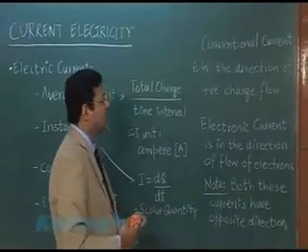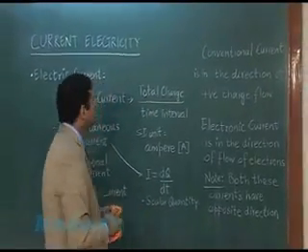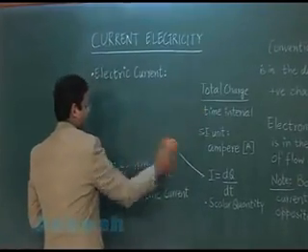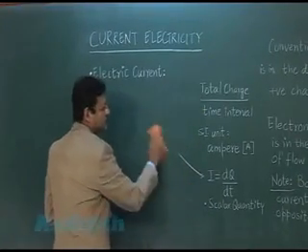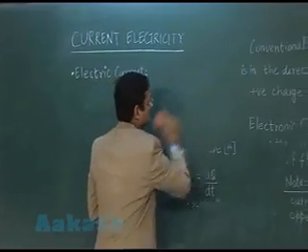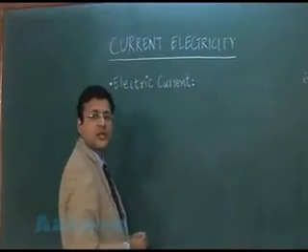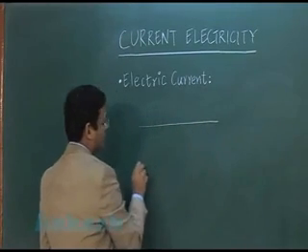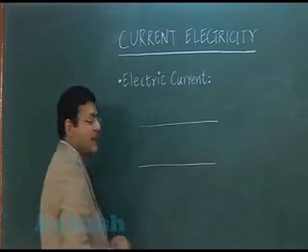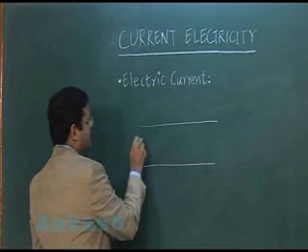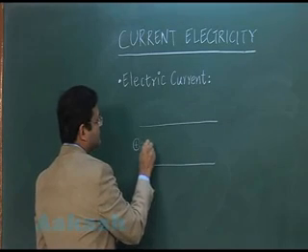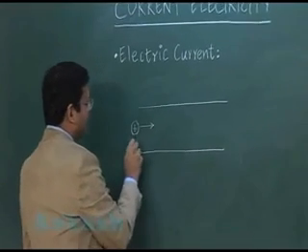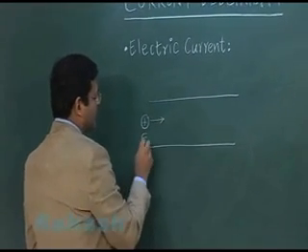For example, in a particular situation, let us suppose you have some space in which positive charge is flowing in this direction, and say negative charge is also flowing in this direction.